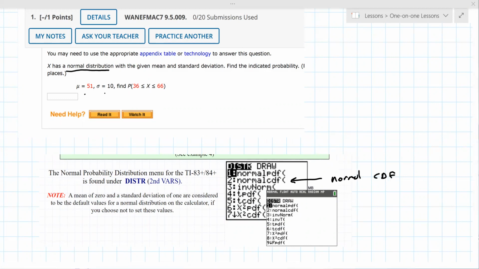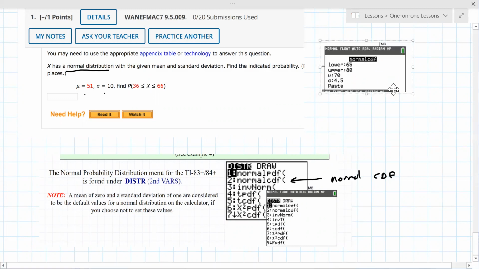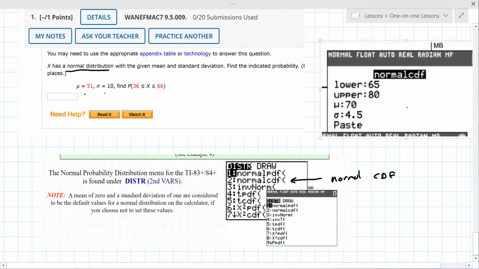If you choose normal CDF, you should see something like the following, where it says upper, lower, mu, sigma. Now your upper in your problem is going to be 66. That's this value. That's your upper. Your lower is 36.